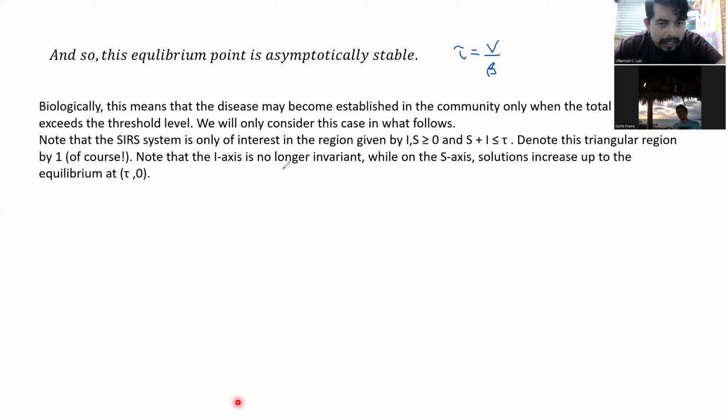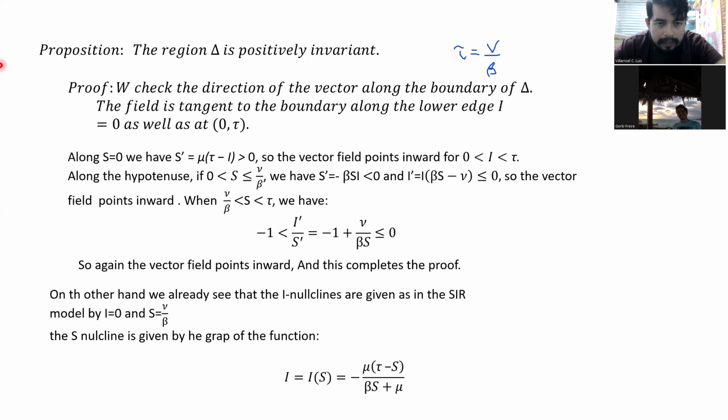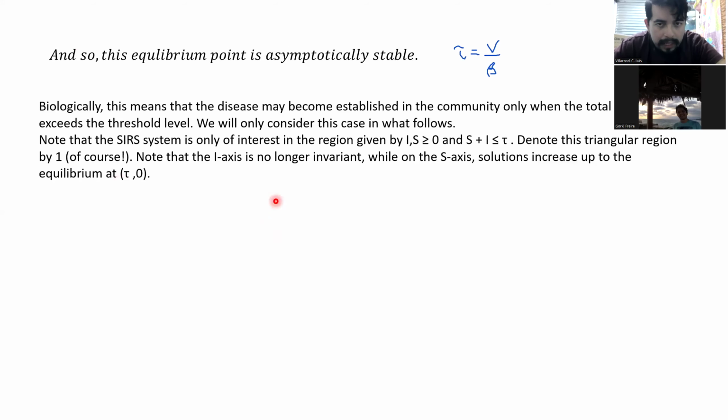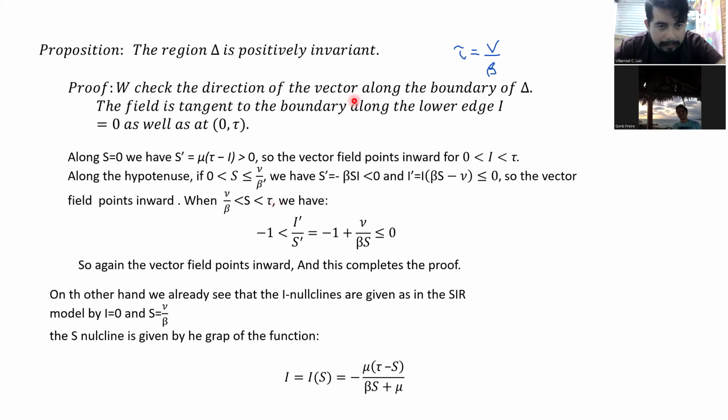Note that the I-axis is no longer invariant, while the x-axis solutions increase out to the equilibrium at (tau, 0). But we are going to see this better on our next page. So for next, we have that this region is possibly invariant.